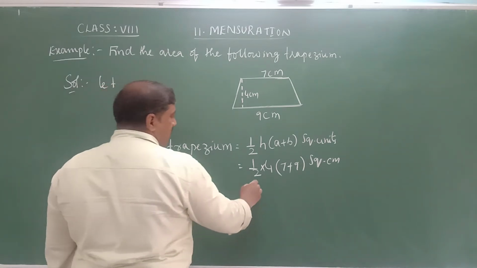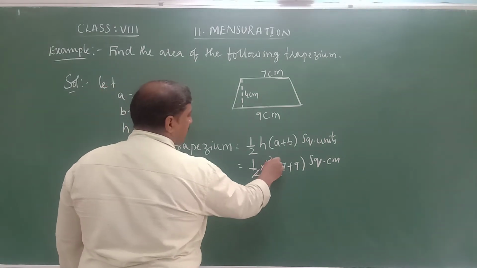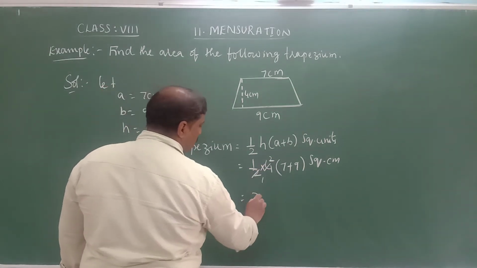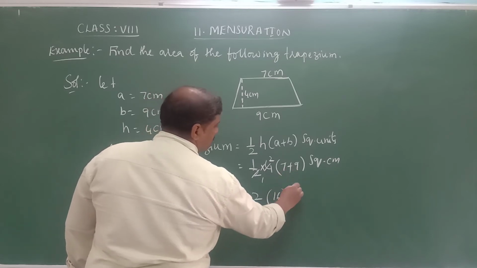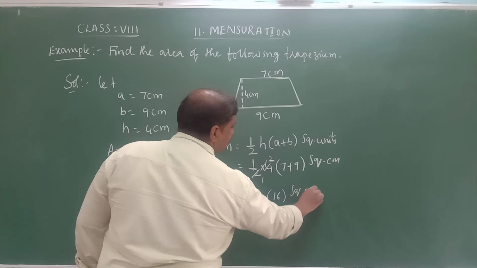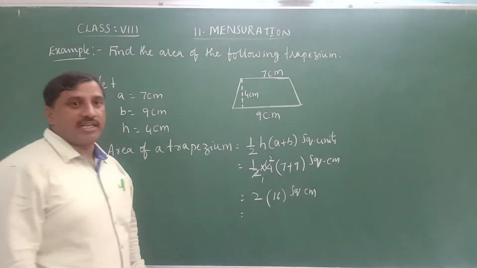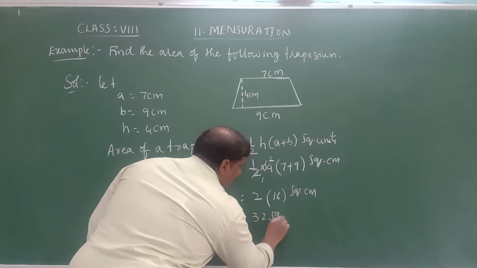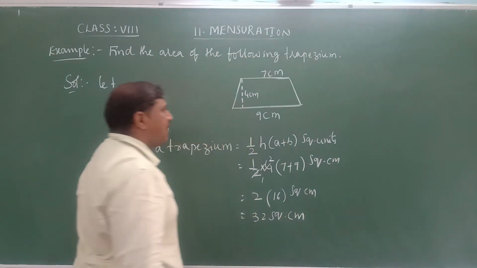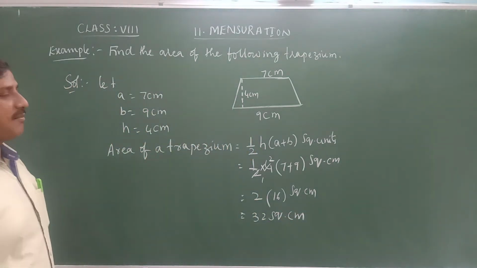Simplify this. So 2 ones are 2, 2 twos are 4. That is 1 into 2, 2 into 7 plus 9 is 16 square centimeters. That is 2 into 16, 16 twos are 32. 32 square centimeters is the area of the given trapezium.